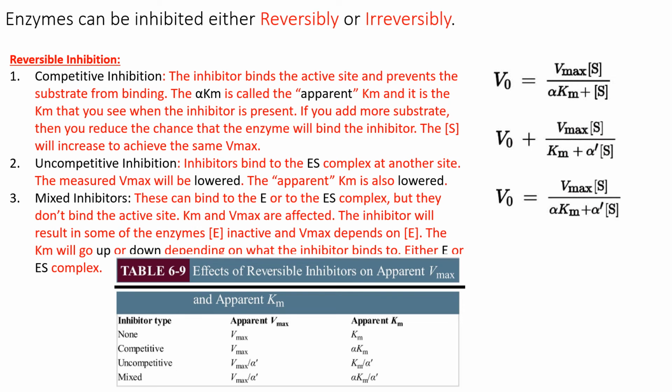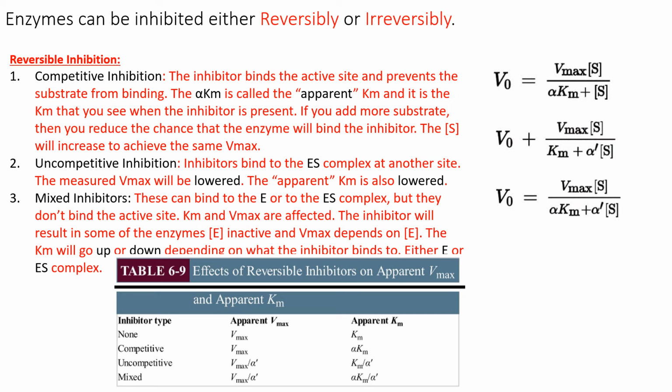The effects of reversible inhibitors on apparent Vmax and apparent Km. So inhibitor type, if you don't have an inhibitor, the apparent Vmax is the Vmax, and the apparent Km is the Km. But with a competitive inhibitor, you have the normal Vmax, and then alpha Km.